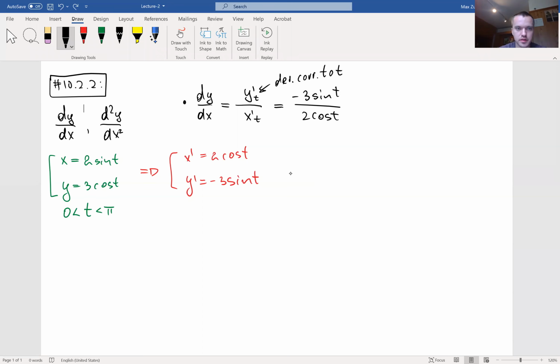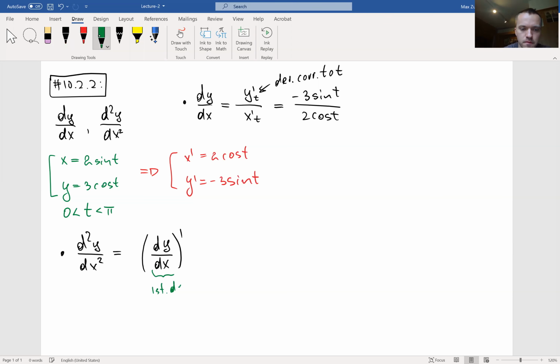Okay, the next challenge is finding our second derivative, d squared y over dx squared. But let's remember what the second derivative is. It is when you take the derivative of your first derivative, because the first derivative is a function.